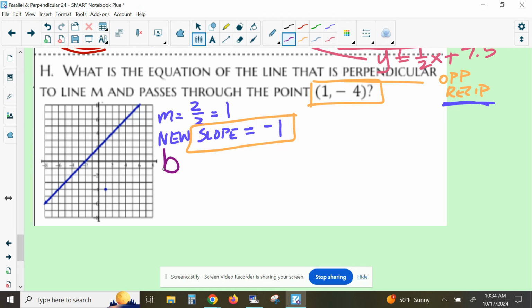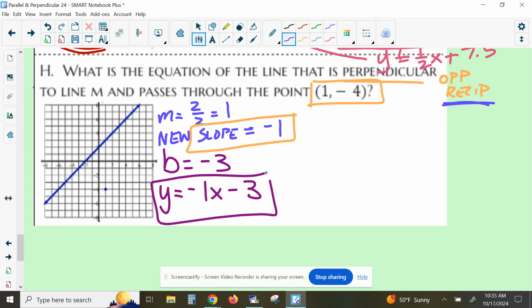Okay, my b is -3. Okay, so now that I know my m and my b, go ahead, write the equation of your new line. Yeah, so it should be y equals -1x, or just -x, -3. Are you guys cool with that? So this is the equation of my line.